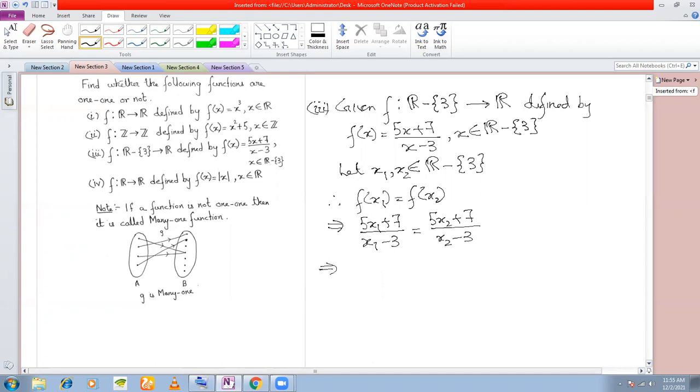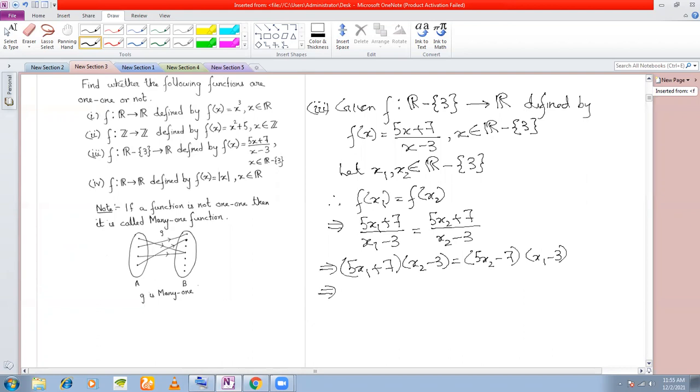Now you cross multiply: (5x1 plus 7) into (x2 minus 3) is equal to (5x2 plus 7) into (x1 minus 3).